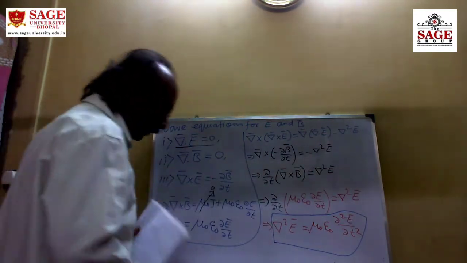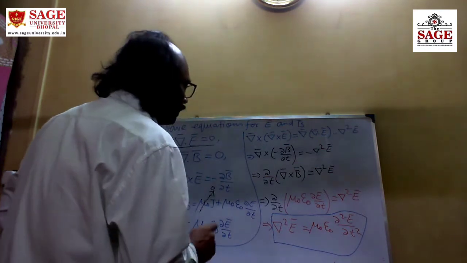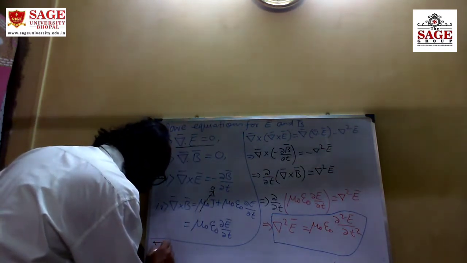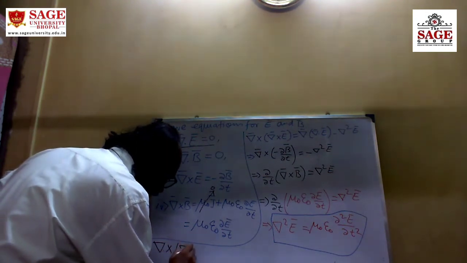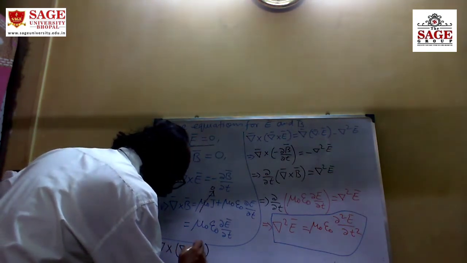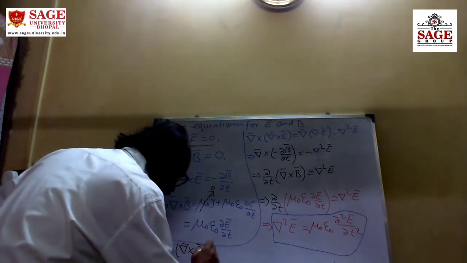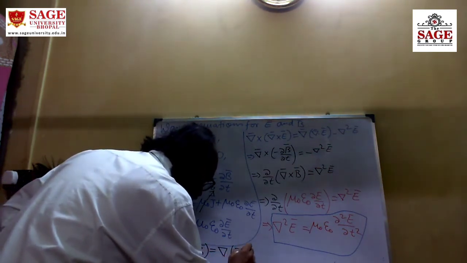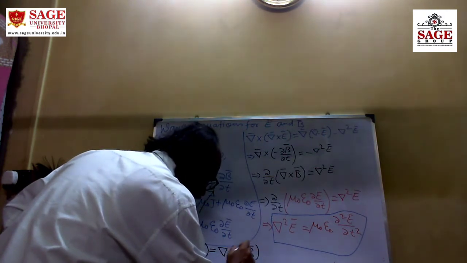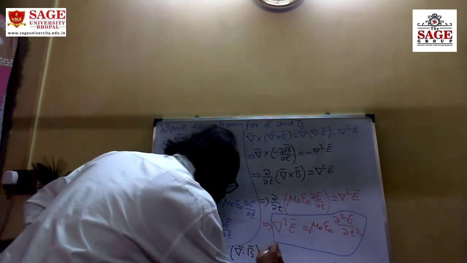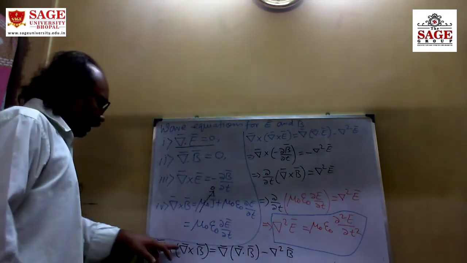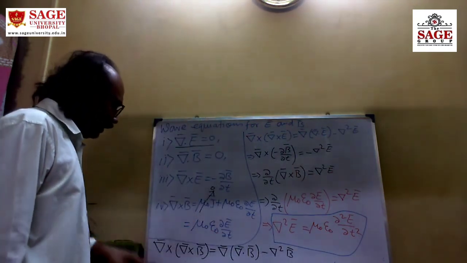Similarly, using the vector identity for magnetic field, curl of curl B, which is gradient of divergence B minus del square B. Then curl B, putting the value of del E by del t.